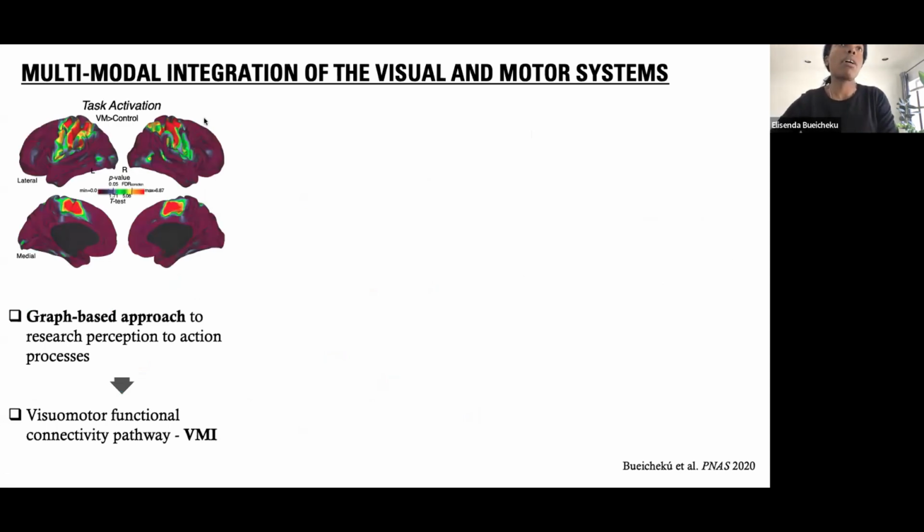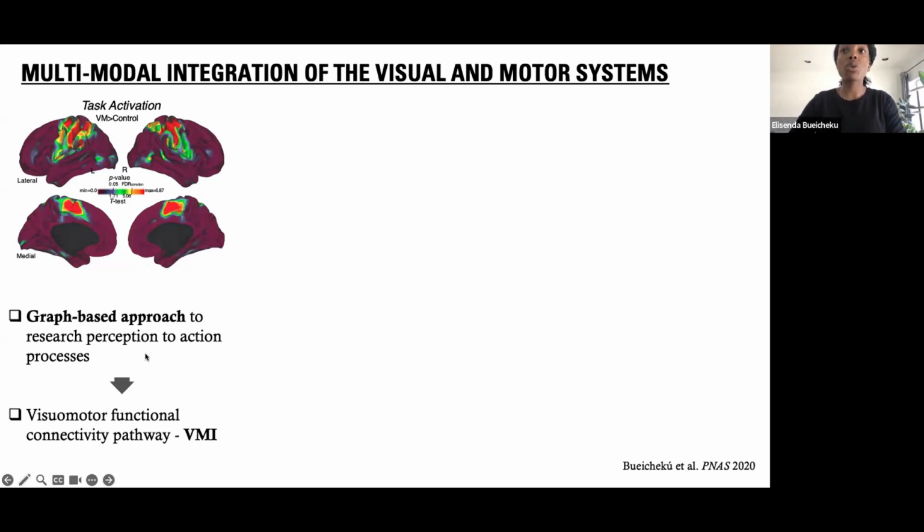So as I said, the task that we used in here was a finger tapping task. And with weighted degree, we were able to locate the areas that were more activated during the task. So we just did a comparison of the activation blocks against the control blocks or the fixation blocks to locate motor activation and any kind of visual activation.